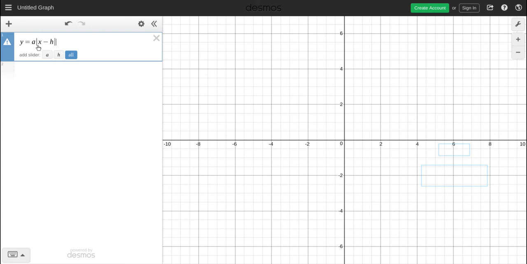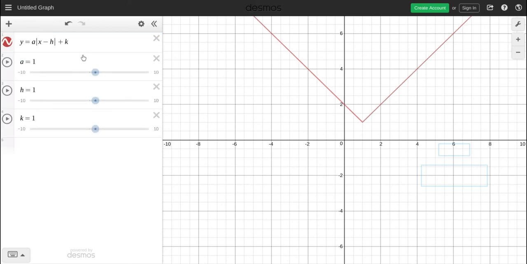But there's another way to explore it that is absolutely in line with everything students have learned. In fact, if we treat absolute value functions just like a quadratic, a, h, and k, one of the first things that students can notice is that there's a vertex just like a quadratic. One of the other things that they can notice is that the vertex is whatever h and k are.